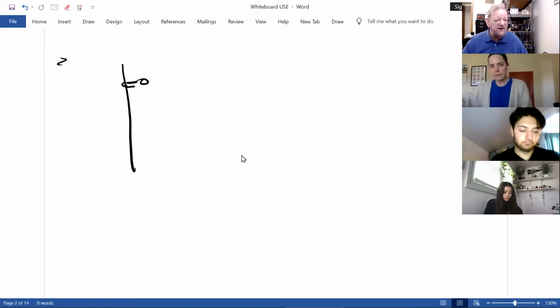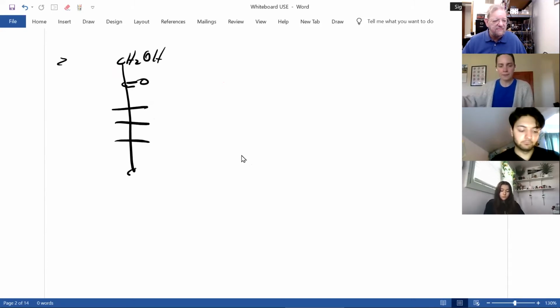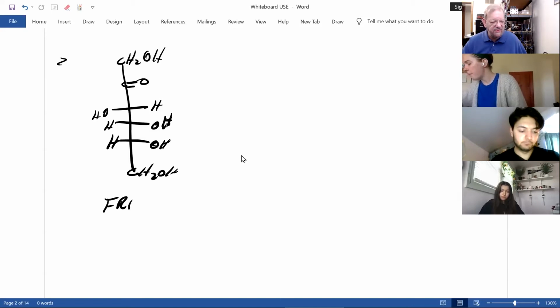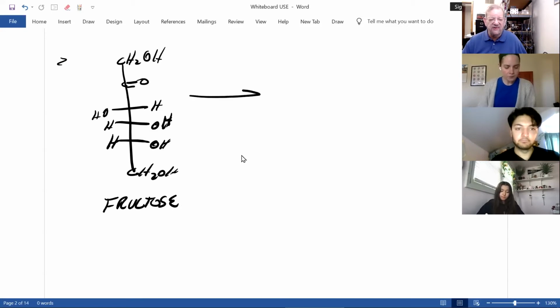Now remember, there's a carbon there. And this is fructose. And it's in equilibrium with its cyclic form.